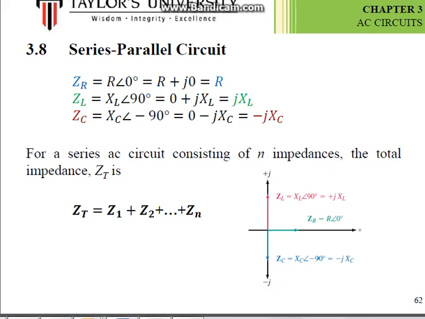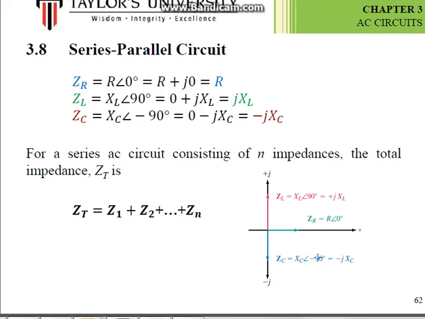Series and parallel circuits, I think this is still pretty easy. Just like what we have seen, just a brief summary. Your ZR will basically just be your R, impedance if it involves your R. Your impedance which involves your Z will basically be XL with an angle of 90 degrees, just to indicate that your voltage actually leads your current.